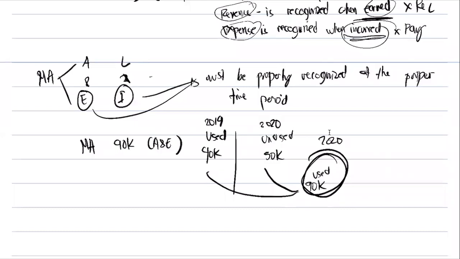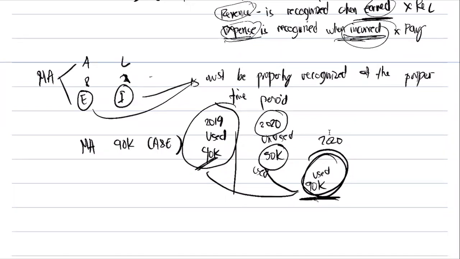The appropriate treatment is 40,000 used in 2019, and the 50,000 is still unused and will therefore be used in 2020. Hence, you cannot recognize the 90,000 as a whole used only in 2020; rather, you must recognize it based on the time period. Because again, expense is recognized when incurred.